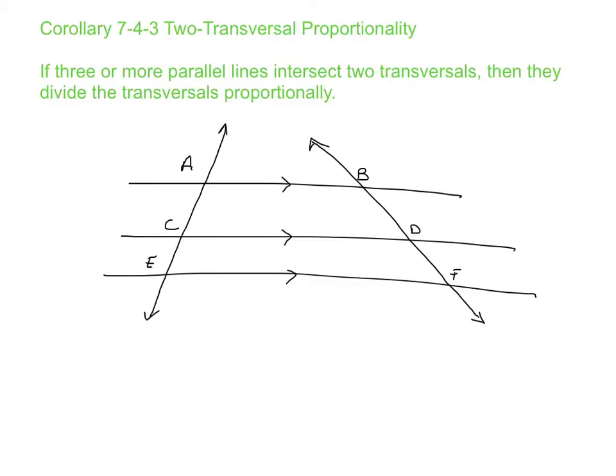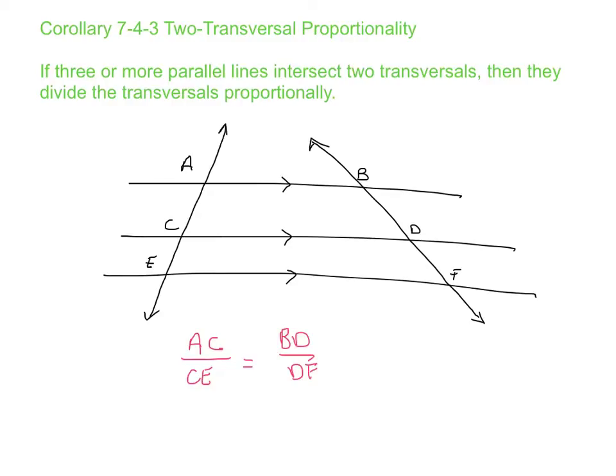So what exactly does this corollary tell us? Well, it tells us that it divides the transversals, meaning this line there and this diagonal line, proportionally. Meaning that we could say this little segment here, AC, so AC over CE, the left side over the other part of the left side, is going to be equal to the top part of the right side, which is BD, over DF.